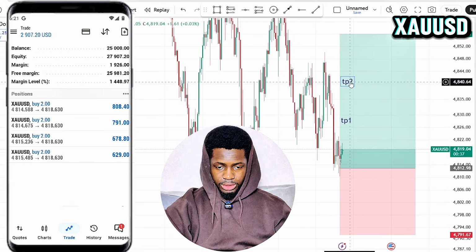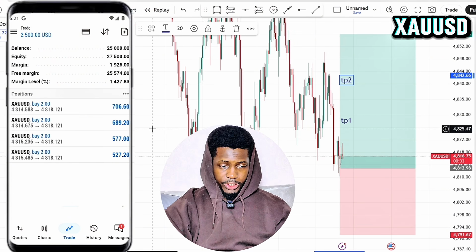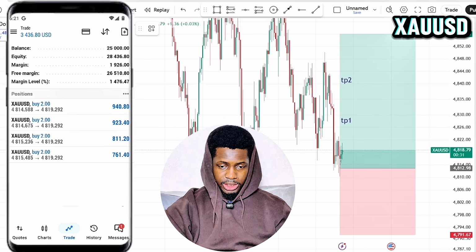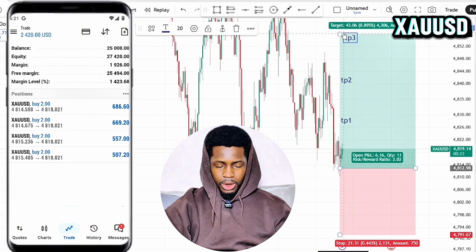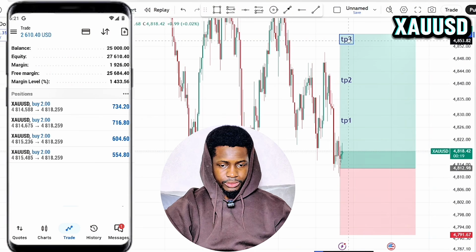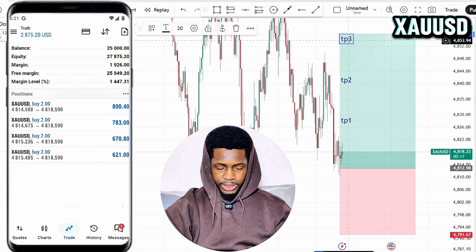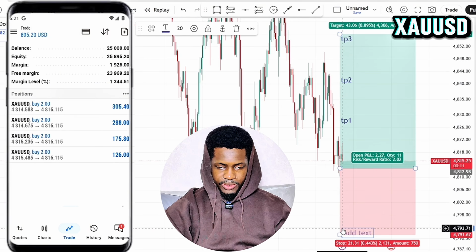Now for TP3, we can just be targeting around this zone here. TP3. All right, now let's see. So what's left now is basically our SL, right? It's just our SL that's left. We're looking at around 4791 for SL.